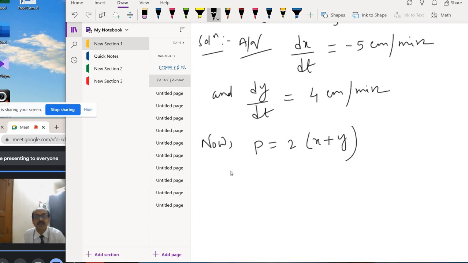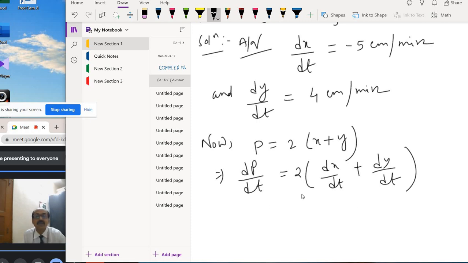Okay, so differentiate both sides with respect to t, that is dP by dt equals 2 into x derivative dx by dt plus y derivative dy by dt.